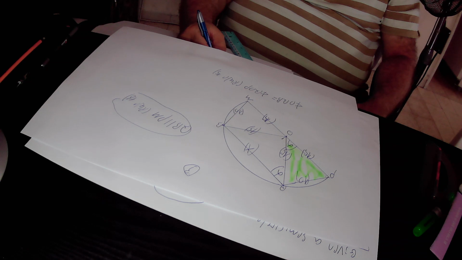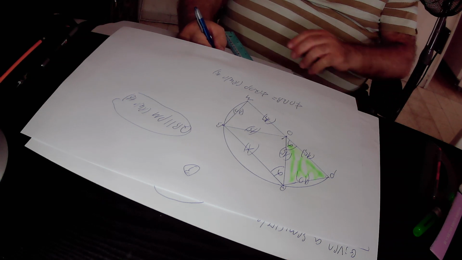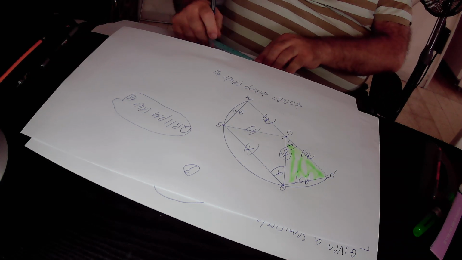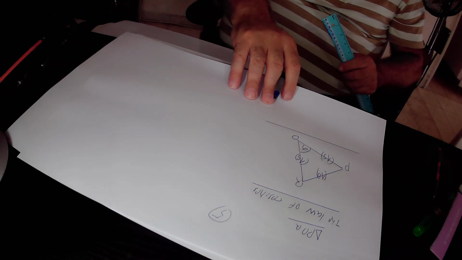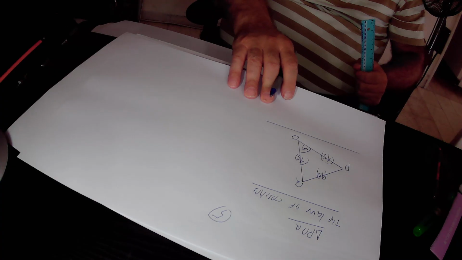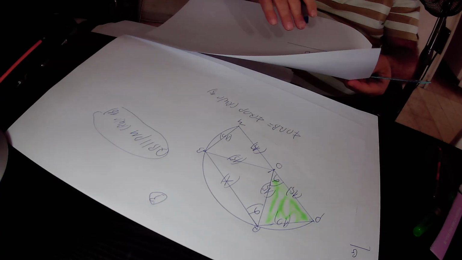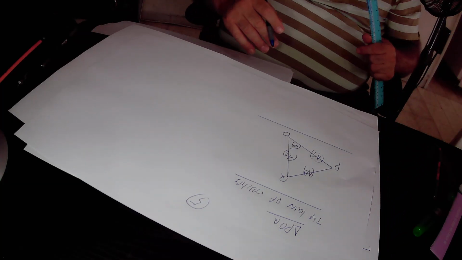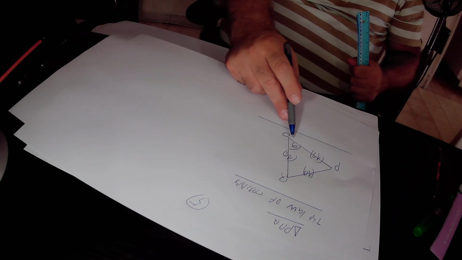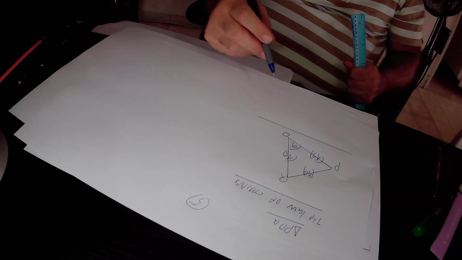QO also equals 15 units in its length. So actually, this is the green triangle POQ, the copy from this page. In this triangle POQ, this is angle alpha.